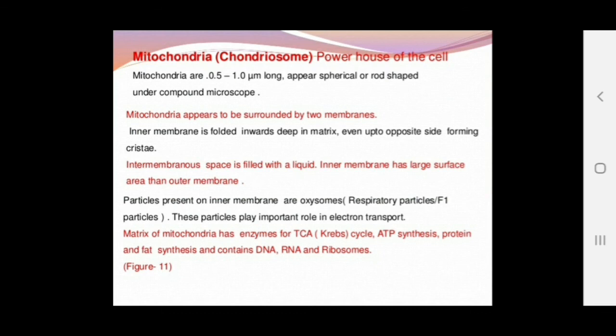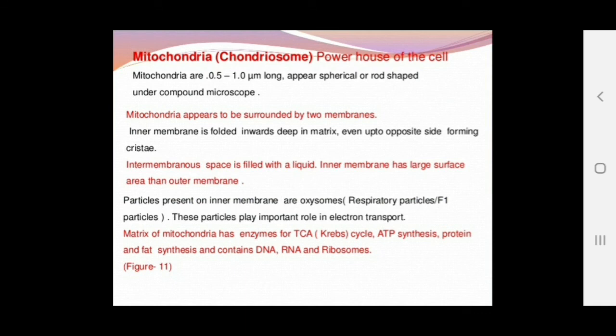The mitochondria appear to be surrounded by two membranes, the inner membrane and the outer membrane. The inner membrane is highly folded inwards and forms deep grooves in the matrix, even up to the opposite side, forming the cristae.